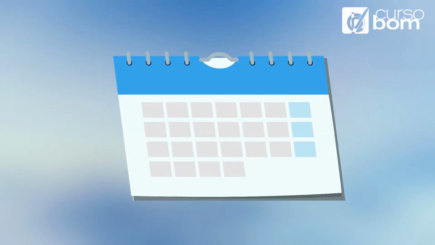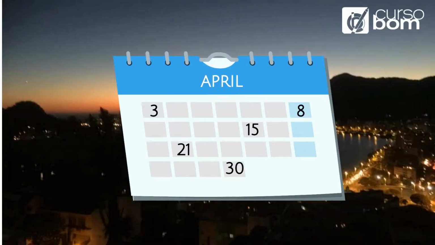For example, we could consider a number data series such as 3, 8, 15, 21, and 30. But what does it mean? If we organize this data as days of the month of April when it rained in Rio de Janeiro, we have information.